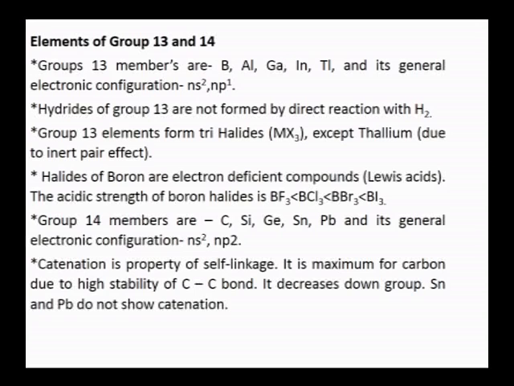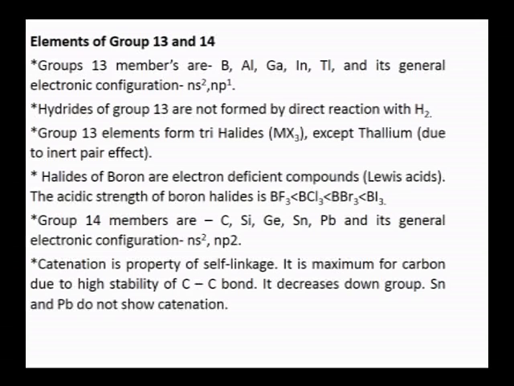Coming to the elements of group 13 and 14 of the p block. The group 13 members are boron, aluminium, gallium, indium and thallium, and the general configuration will be ns2np1.